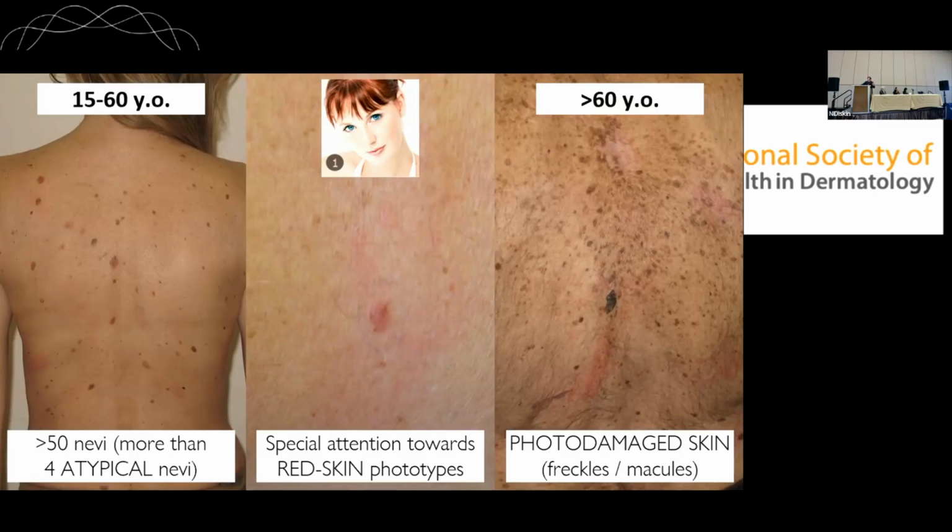Or if you have red hair, other risk factors, MC1R mutation, family history, etc. Or if you are older than 60 years and you have sun damage. Not only because you have a higher risk of melanoma, but also because it's impossible to self-detect the melanoma inside this mess of altered and damaged skin.